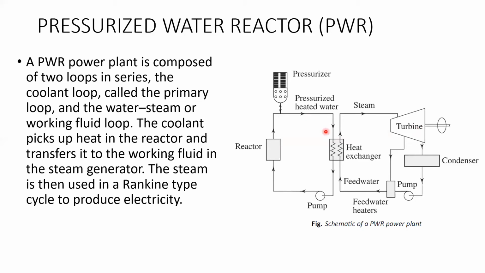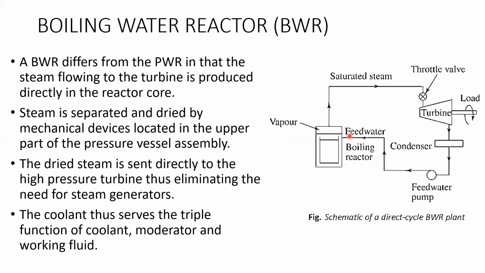It flows through the heat exchanger, and the heat associated with that water is exchanged with the water in the next loop, the feed water or water-steam loop. That steam is then given to the turbine blades. But in case of BWR, whatever steam is produced in the boiling reactor is directly given to the turbine. It means there is no extra loop; the water-steam loop is absent. That is the basic difference between them.